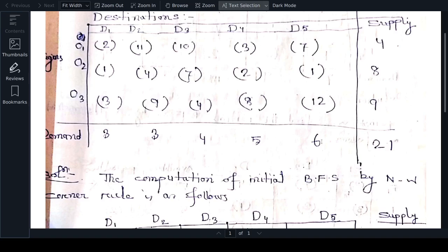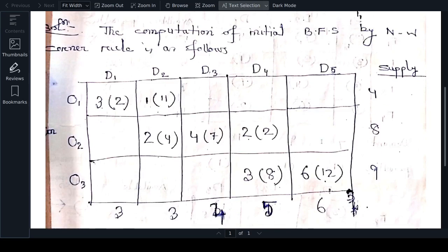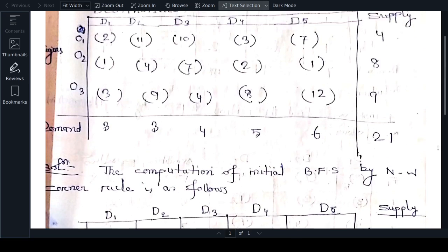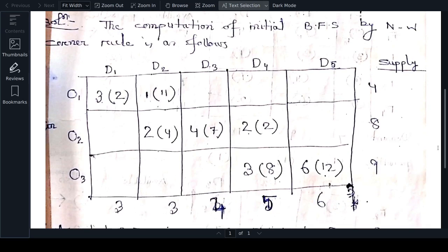When we give 1, the row is exhausted, but 2 remains in demand. Then we move downward to cell 2 comma 2.